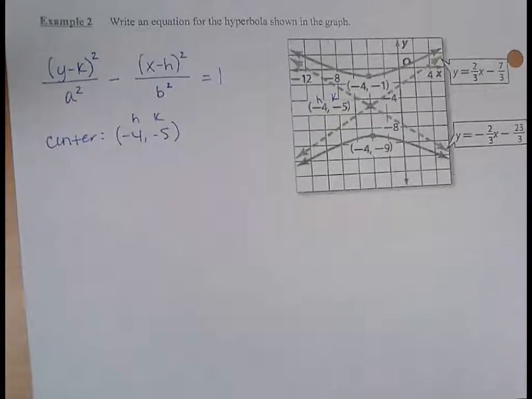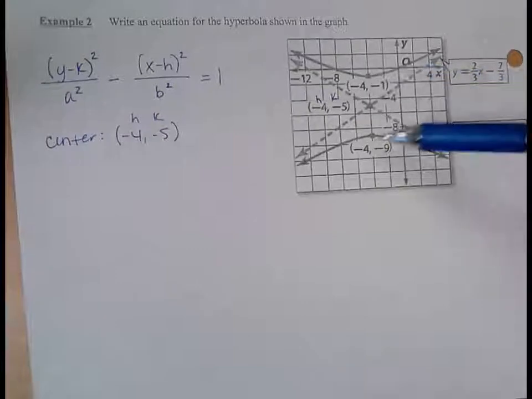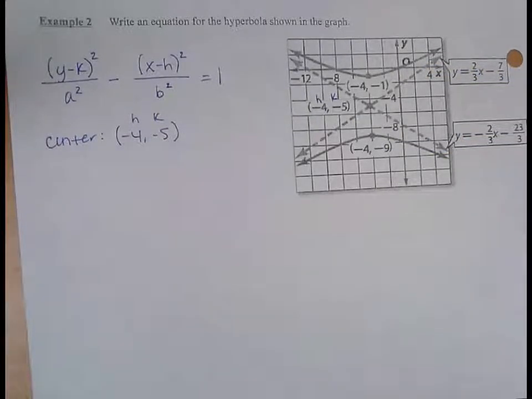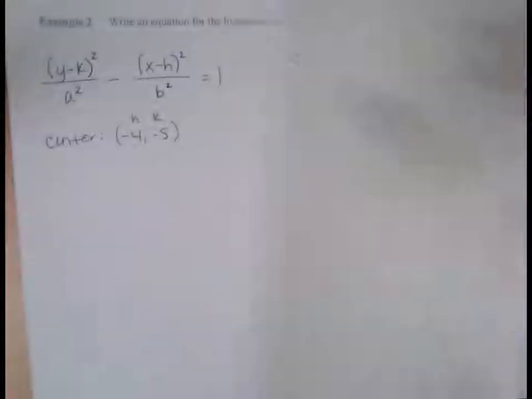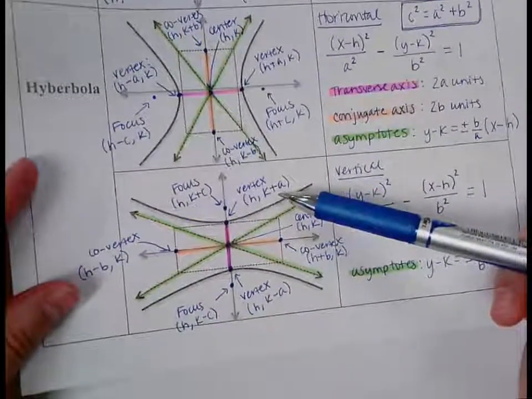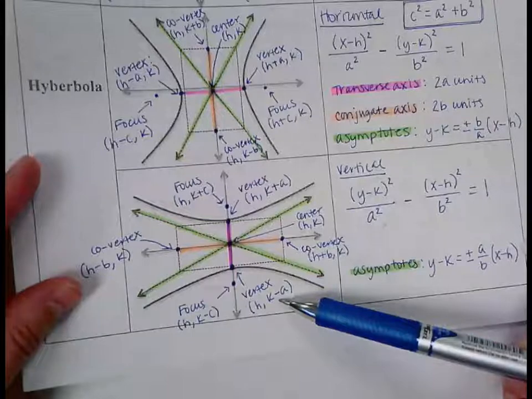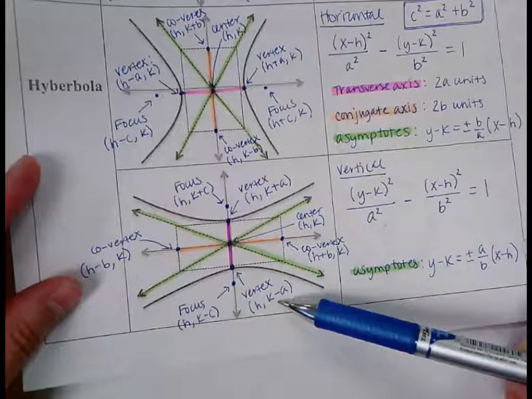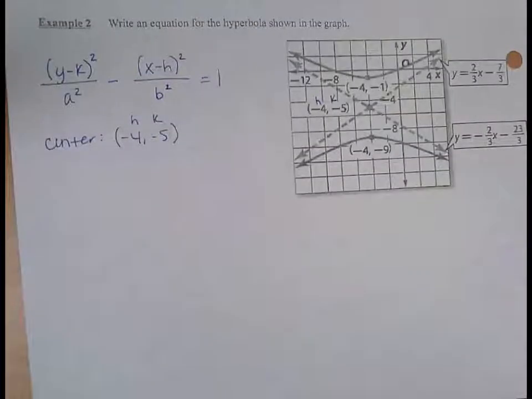We can find a in a similar way to how we found a for the last example. We can use the two vertices. If I use the top vertex, I can see on my graphic organizer the y-coordinate is k plus a. If I use the bottom vertex, the y-coordinate is k minus a. So I'm going to use the top one.